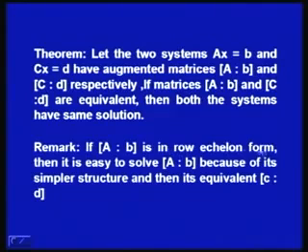So if [A, b] is in row echelon form, then it is easy to solve because of its simpler structure, and then it is equivalent to [C, d]. So this system is simpler and that is why it is better to reduce the system of equations into row echelon form. This is the basic concept behind the elimination method which we will be using.